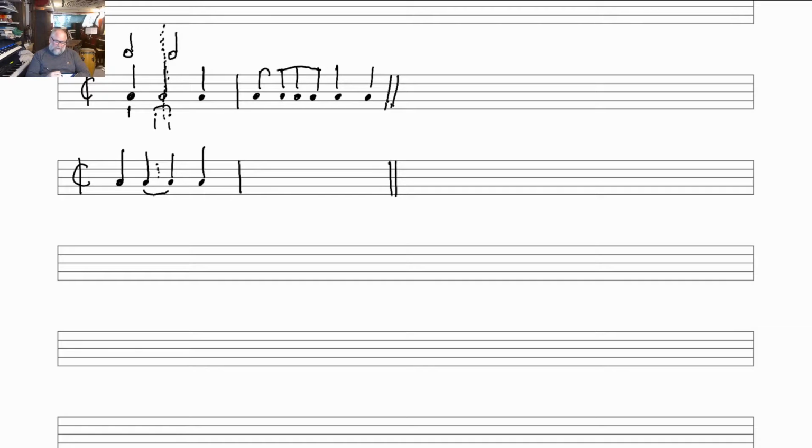Now that dividing line between beats 1 and 2 can be seen very clearly. We can tap our foot here for beat 1. We tap our foot here for beat 2. But just like the instructions asked us to do, the outcome musically is exactly the same. What you're going to hear is exactly the same for both examples. Okay, let's look at the next one.